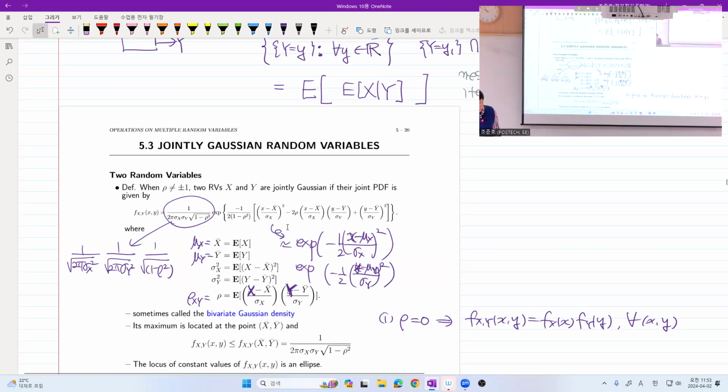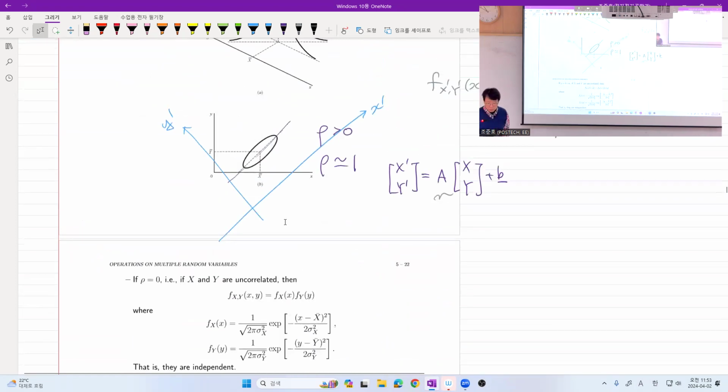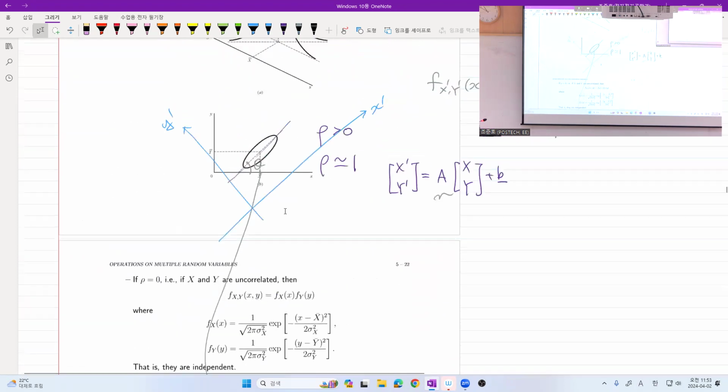And interestingly, you can show that after this coordinate transformation, so you use this theta, which can be found like this, and you rotate the axis, and what happens? A very interesting thing happens. You have independence between x and y.